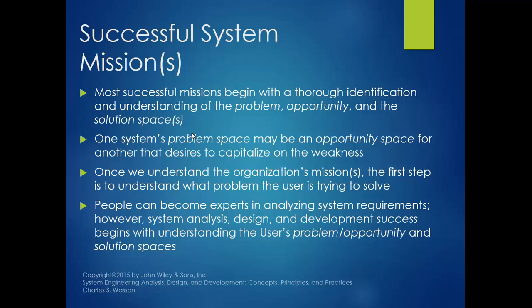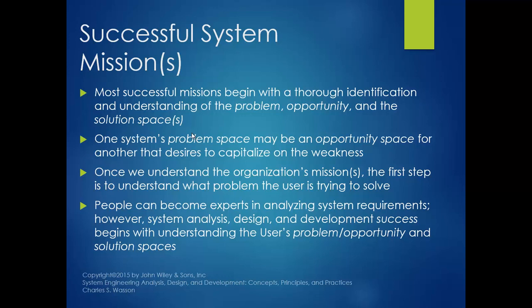Looking at the different systems and their interactions with each other, you can see that one system's problem space may be an opportunity space for another that desires to capitalize on the weakness. For example, an online retailer's system would have the problem of getting the item to the customer, delivering the item.